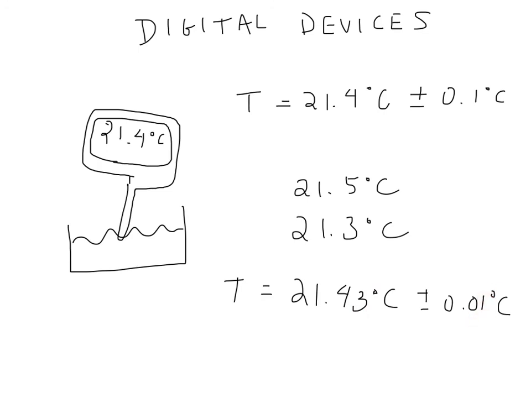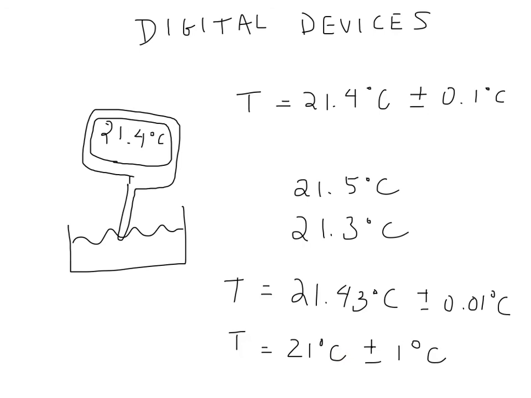If I had a really terrible thermometer that could only measure to the singles place, or the ones place, and it gave me a reading of 21 degrees Celsius, then I have to say my uncertainty is plus or minus 1 degree, because the last place that it measures is the singles place, so it's 1 in the singles place as my absolute uncertainty.